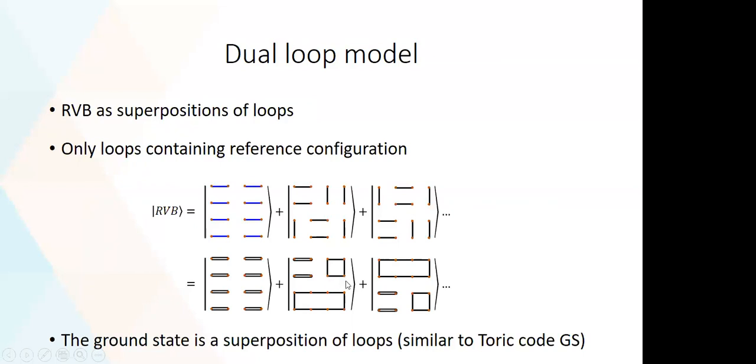And as you said, only at the RK point will the RVB state, the ground state of the RK model, be an equal superposition of all permissible transition loops. For other points, different T and V values, it will be a non-equal weight superposition of loops. But still, you can use loops to think about these states.